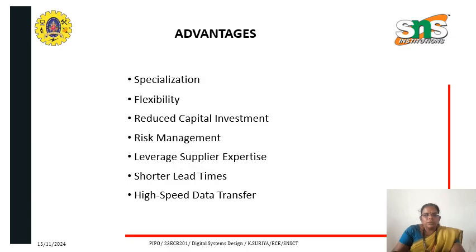So there's less need to invest in the equipment, tooling, and inventory. Next one is risk management, where it diversifies the supply chain as a way of mitigating risk of internal failures, and it leverages supplier expertise. Here, the components can be of higher quality coming from specialized suppliers. Next one is shorter lead times and high speed data transfer.